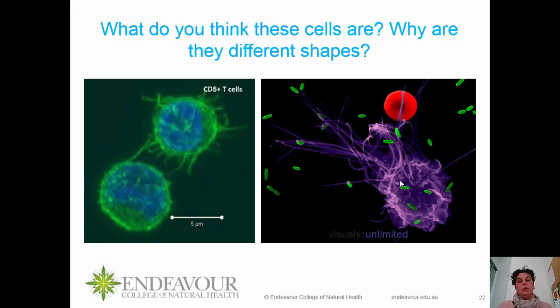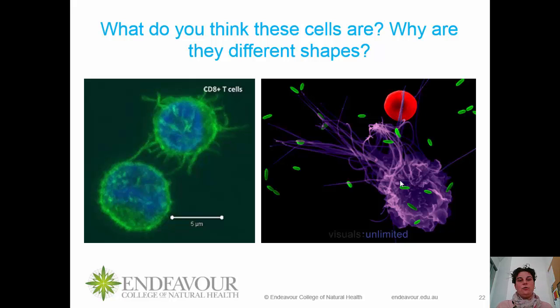They all have to look different, so they all have to have different structures in order to perform the function that they are meant to perform. So a macrophage is definitely not going to be able to line your gut properly, because it doesn't have that connection or ability to connect with other cells.